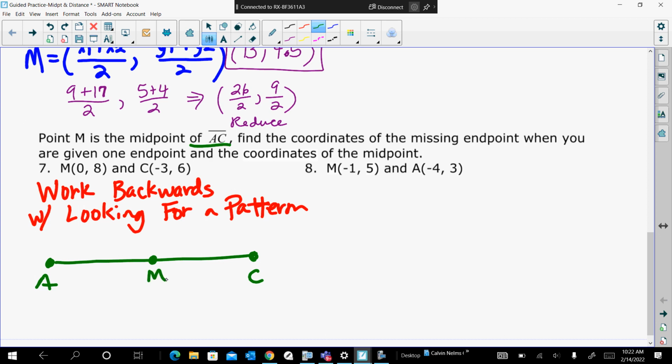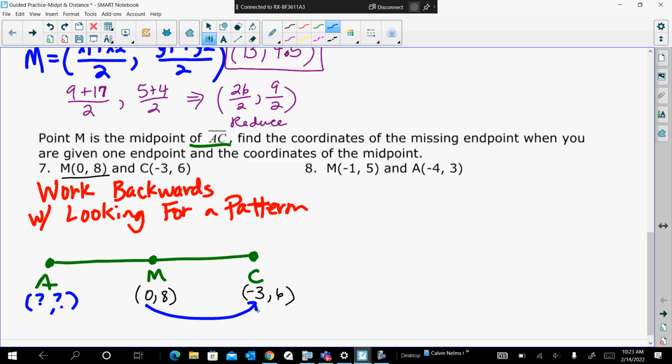M is the midpoint. So what we do is we take the given information: they tell us M is at 0, 8. They tell us C is at -3, 6. And you have to look at how the numbers change. If I'm looking at the x coordinate, because we're trying to find the coordinate that belongs over here, would it be positive 3, -6?